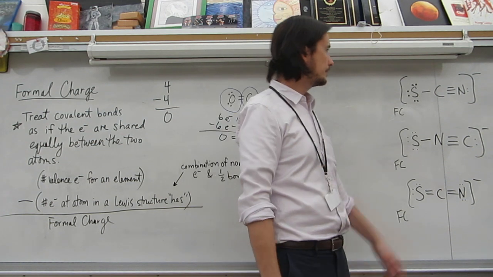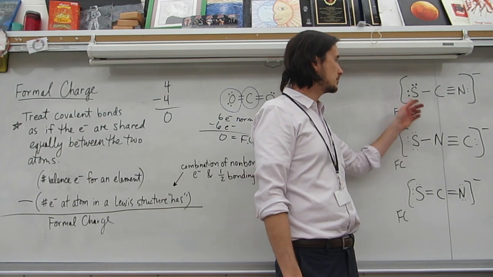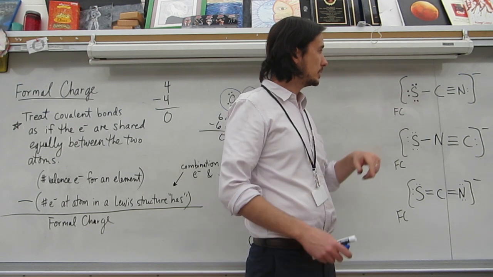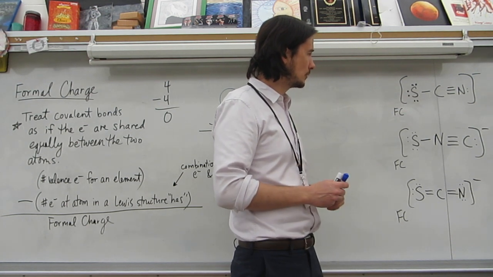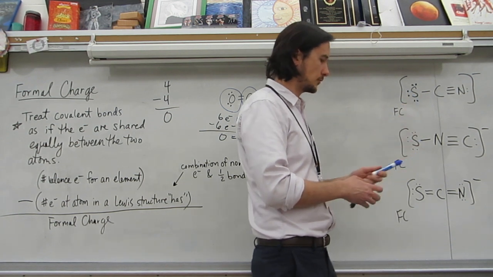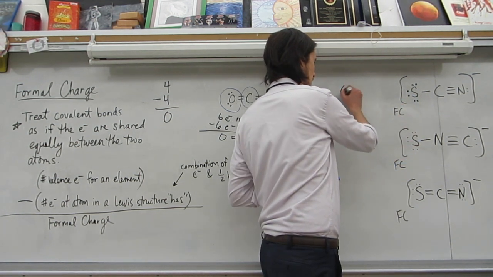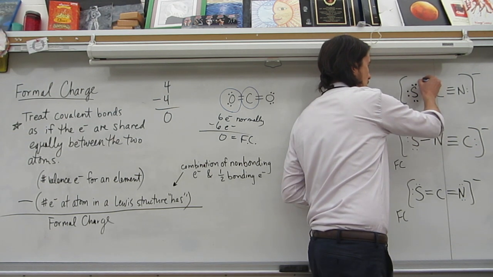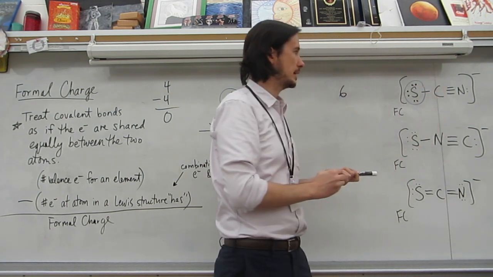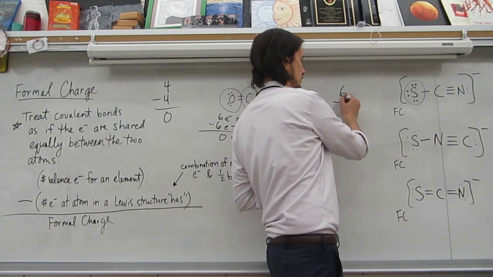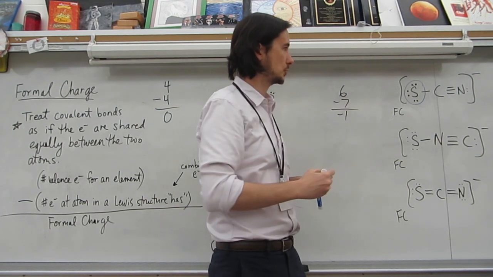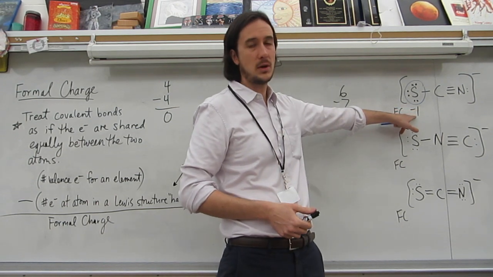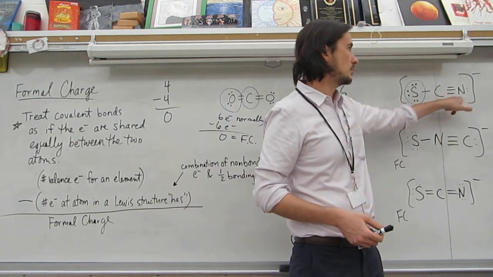We look at 3 more. Thiocyanate ion. So we've got sulfur, carbon, and nitrogen. Sulfur normally has 6 electrons, and here it has 7. The formal charge is -1. Now that we have -1, the other two have to add up to 0.